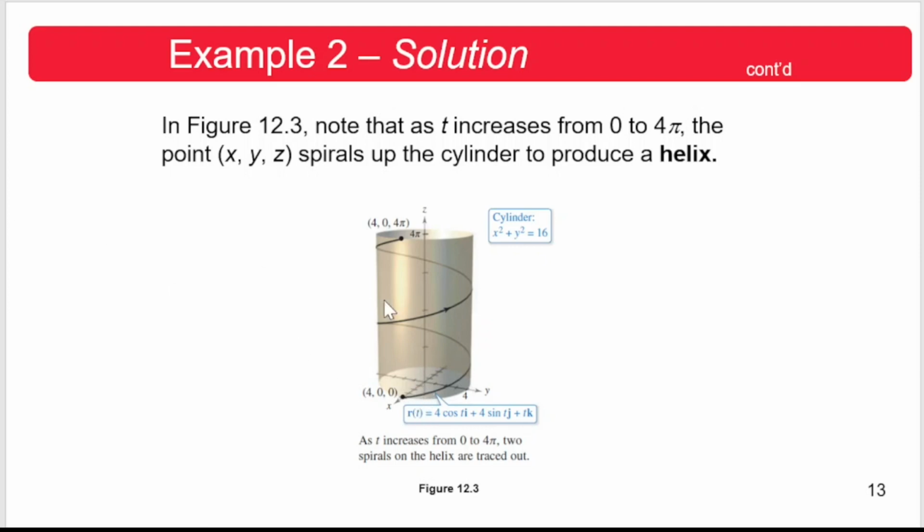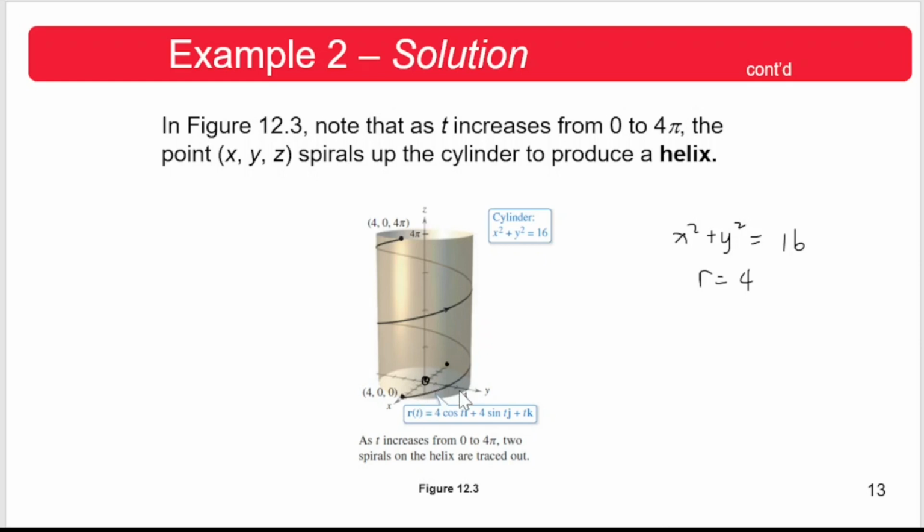Okay. So the equation of the cylinder is x squared plus y squared equals 16, and we know that the radius is 4 units. So from the center to any point on the circle, the distance is 4 units. So you have 1, 2, 3, 4, and then 1, 2, 3, 4 at the back on the negative side of the x-axis.